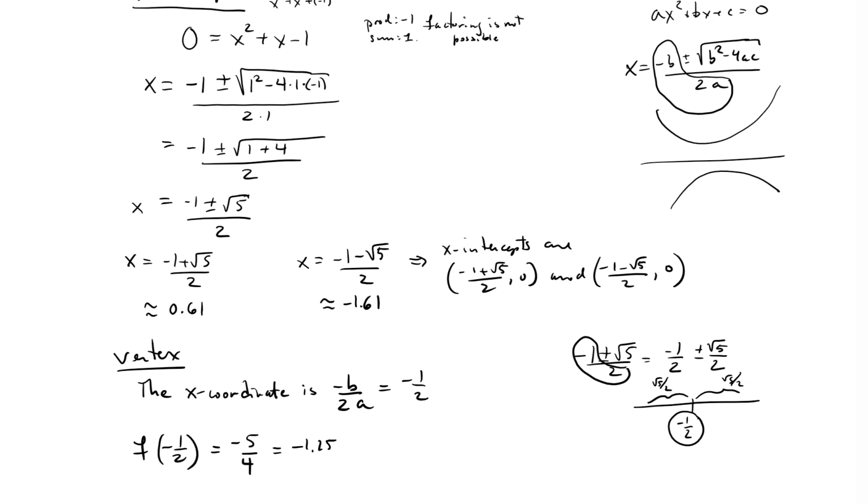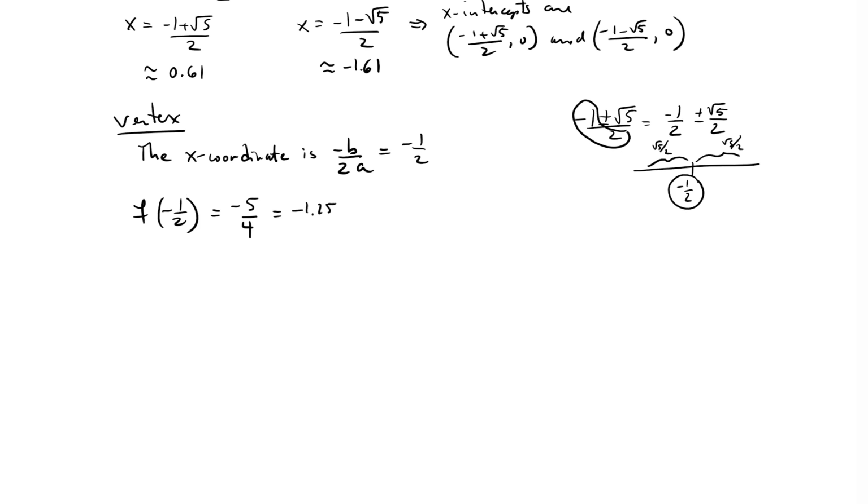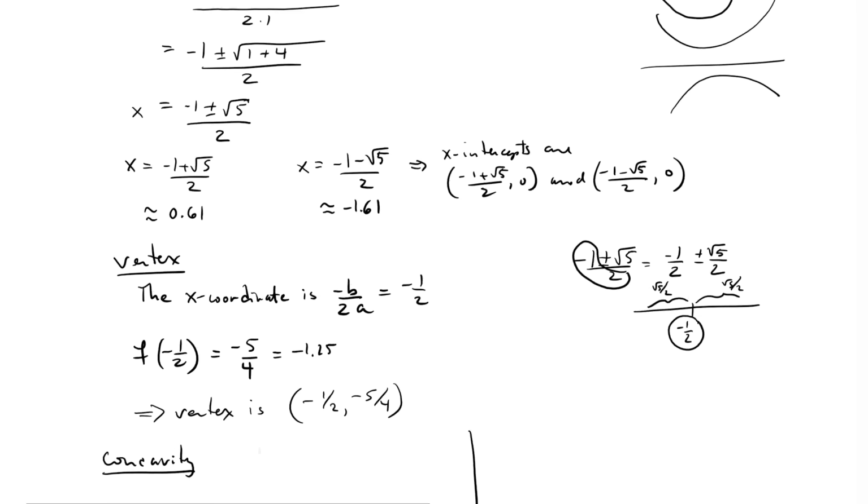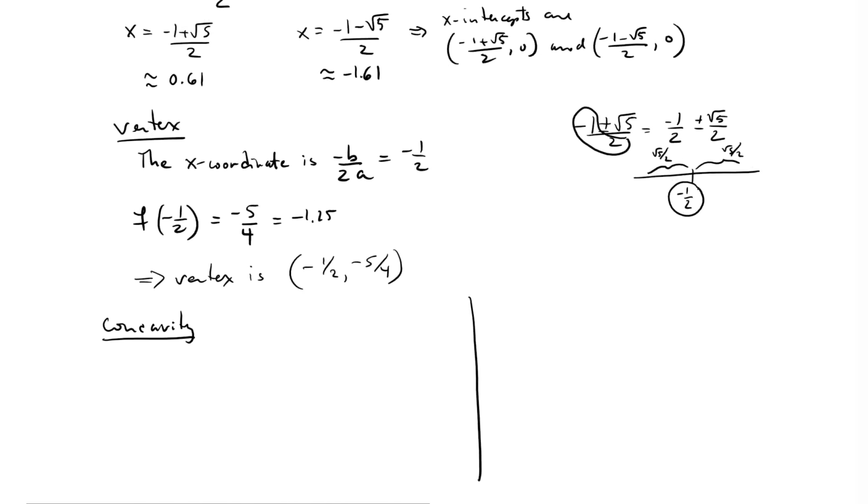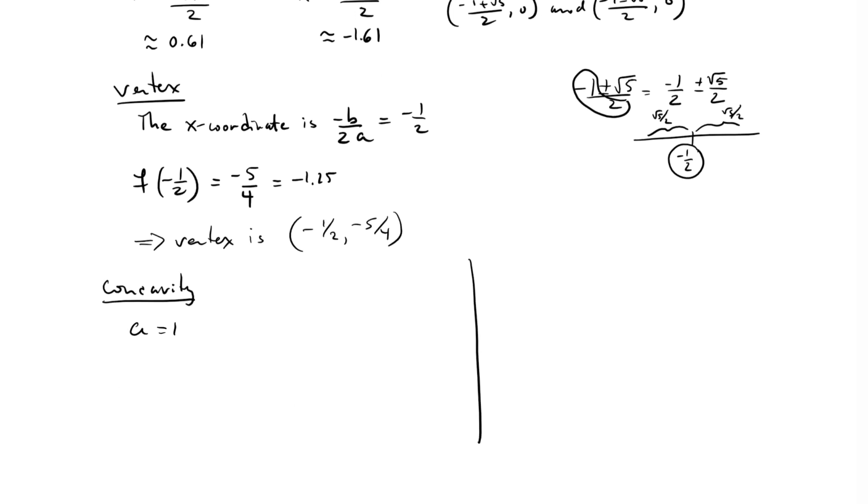That's a numerical value to help us better identify where that's going to lie on our graph. So the vertex is minus a half, minus 5/4. And now we're ready to sketch. I didn't look at concavity, but the coefficient of x squared is positive. So a is 1, which is positive, which means it's going to be concave up.